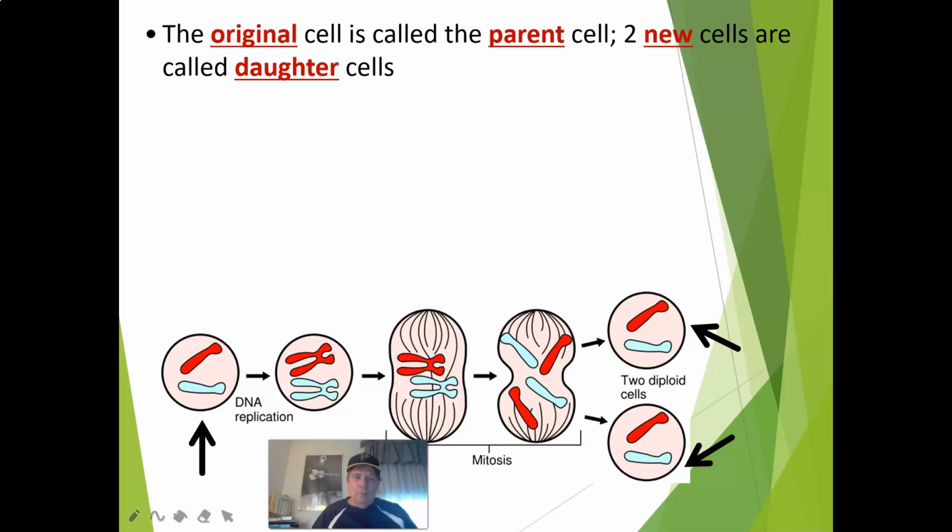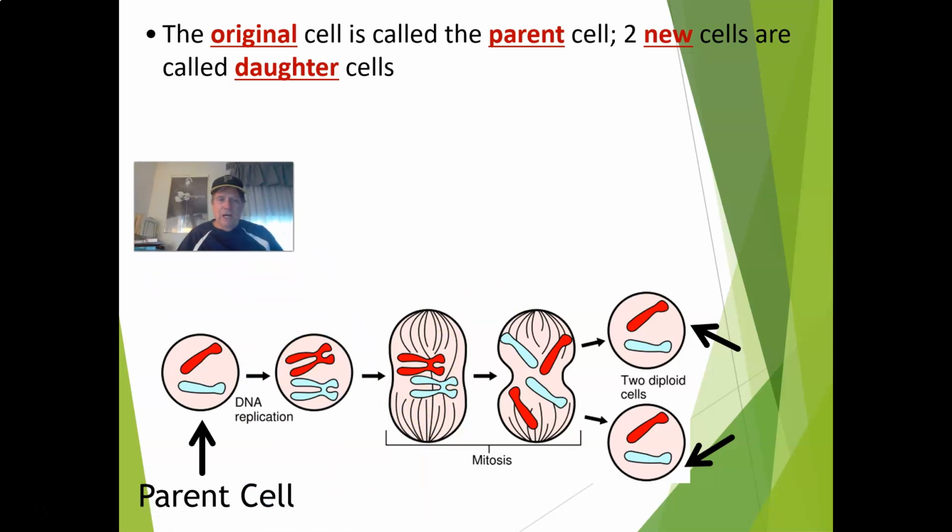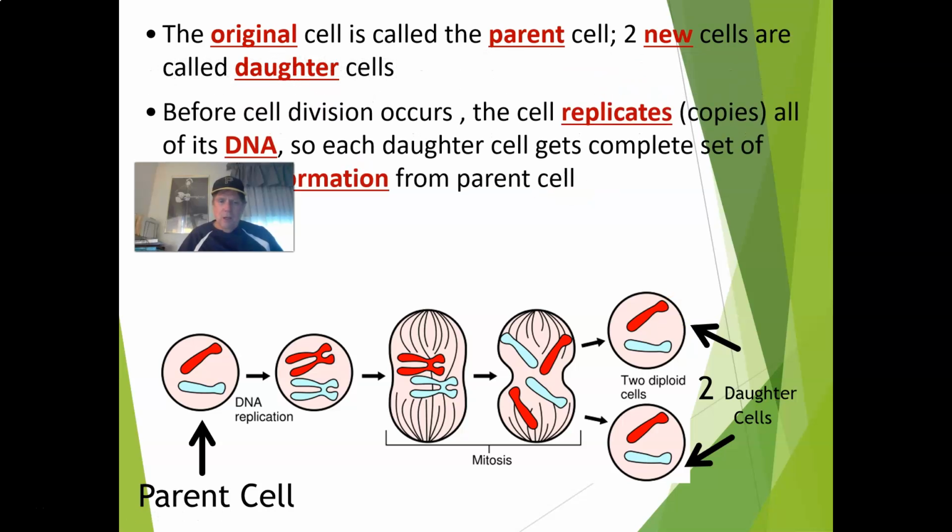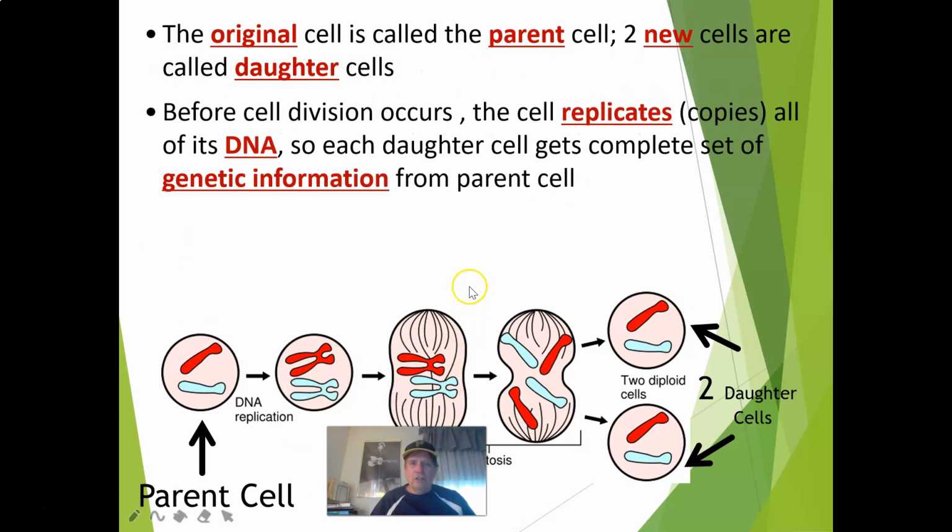The original cell is called the parent cell. Two new cells are called daughter cells. Get my picture. Parent cell, daughter cells. Before cell division occurs, the cell replicates or copies all of its DNA.